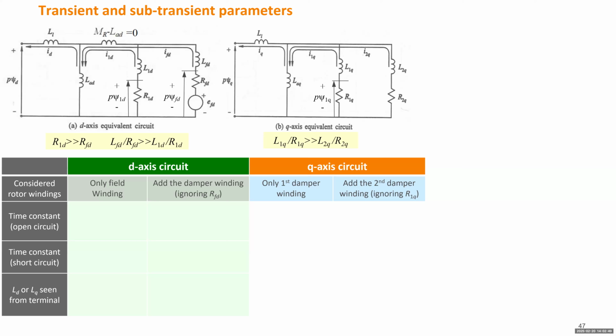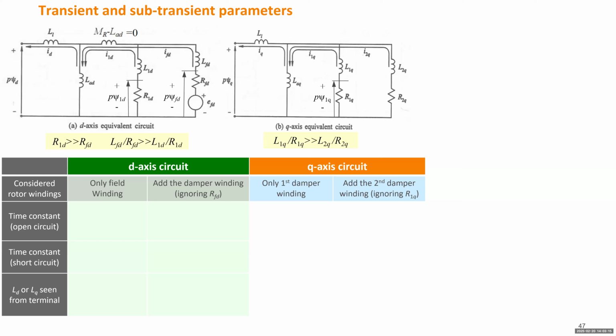For this case in the DSA circuit, we can only consider the field winding and ignore the other one, so we just open the circuit of the second one. Similarly, for the QSA circuit, we have two damper windings. You can only consider number one, with number two open, or you consider both.